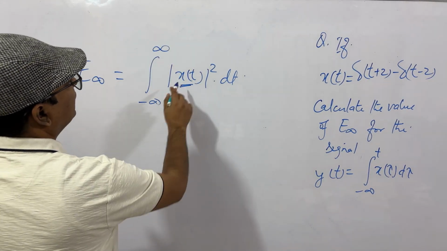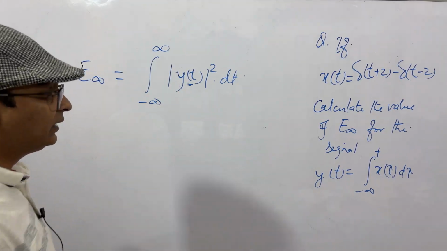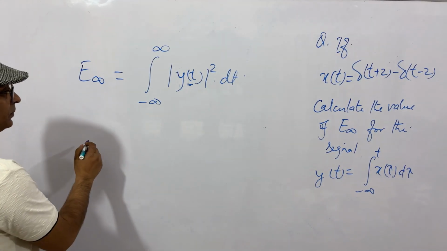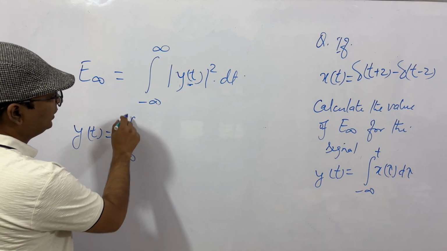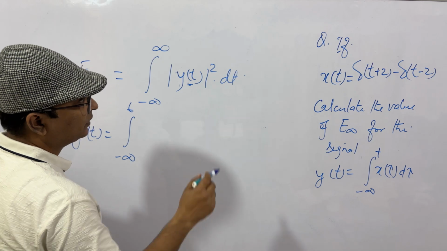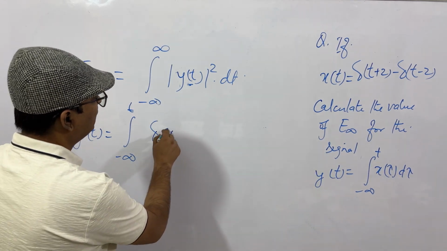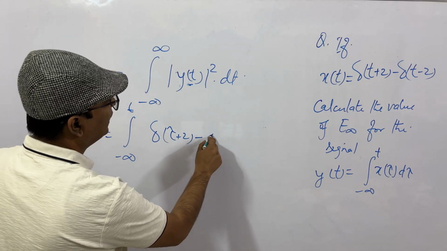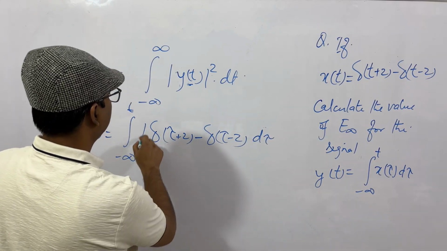We have to find E∞. So here we have y(t), so we have to find this y(t) squared. First of all, y(t) is equal to the integral from minus infinity to t of x(τ) dτ, but x(t) is given in that form. So x(τ) is basically δ(τ + 2) − δ(τ − 2) dτ.